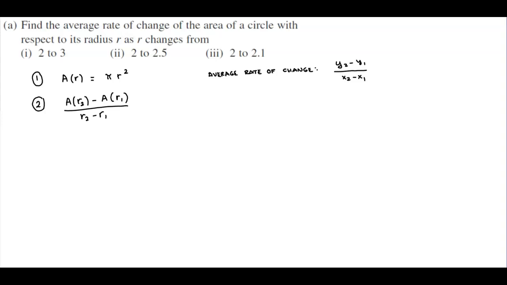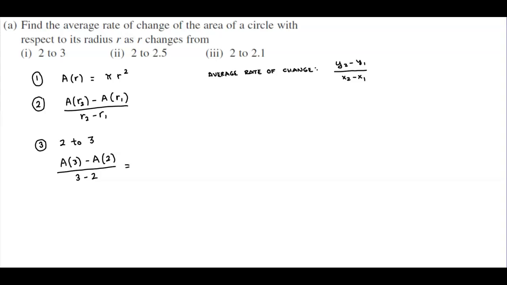Okay, so if we want to find out from 2 to 3, that means you want to find A of 3 minus A of 2 divided by 3 minus 2.